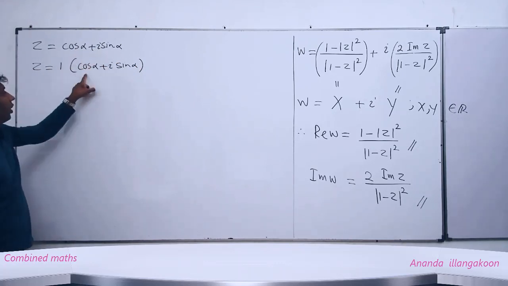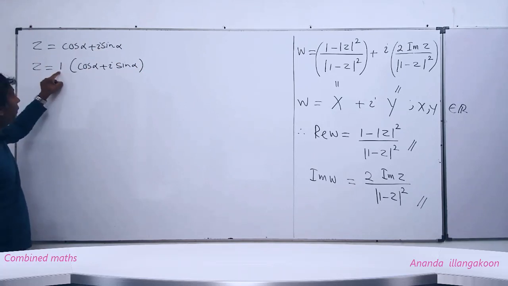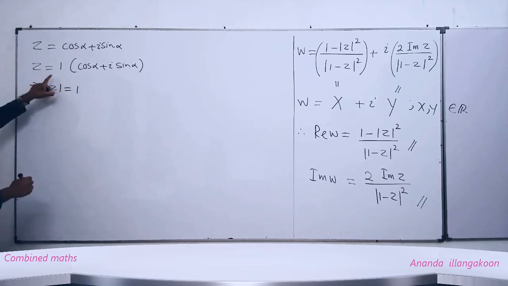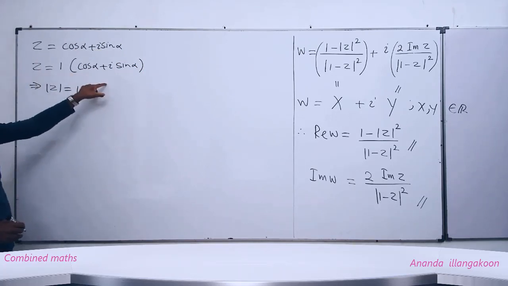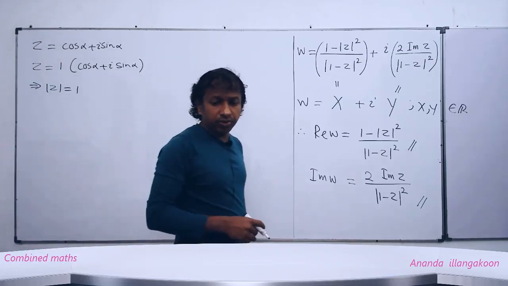Cos alpha plus i sin alpha, here we have, I write 1 before this. This is the mod value of this Z. This implies mod Z is 1. Why? People, we said this is the polar form of Z, no? Then before the bracket, what do we have? It is the modulus of that left-hand side complex number. Mod Z is 1.